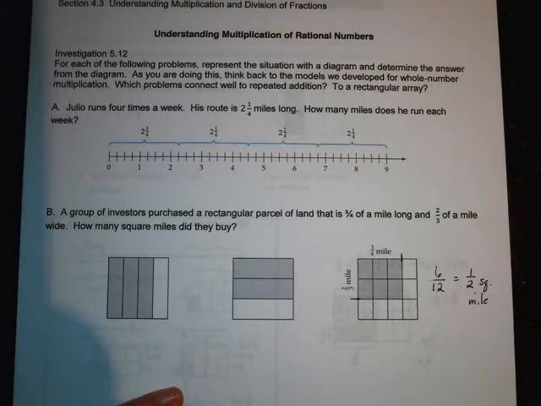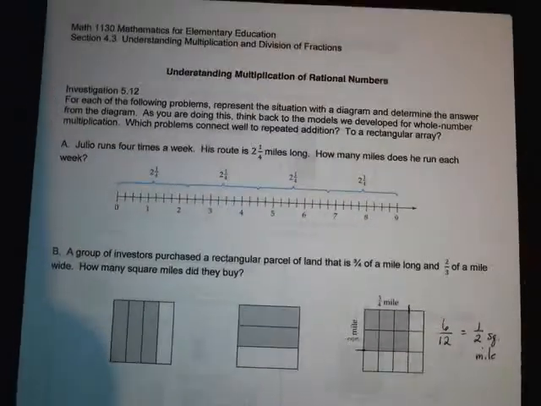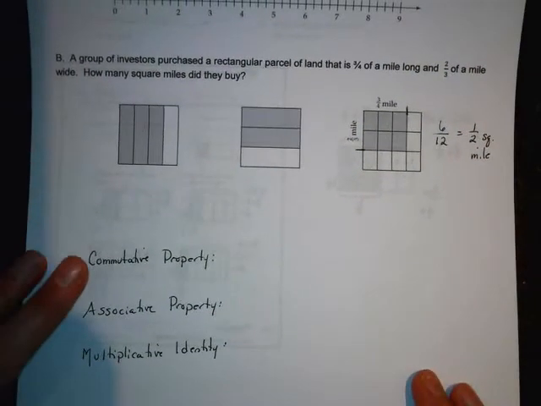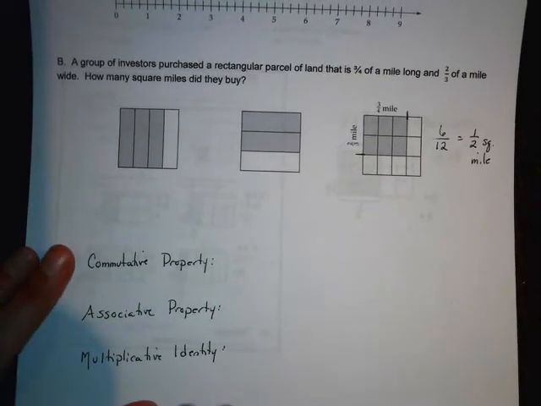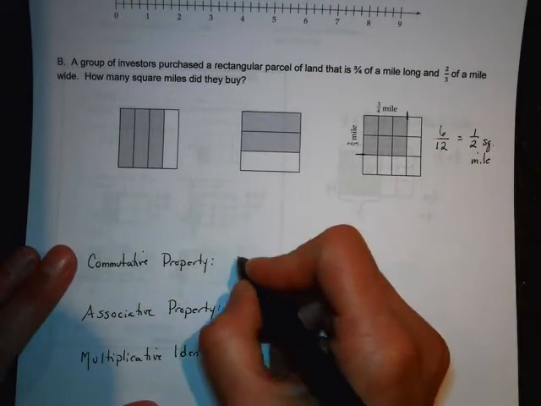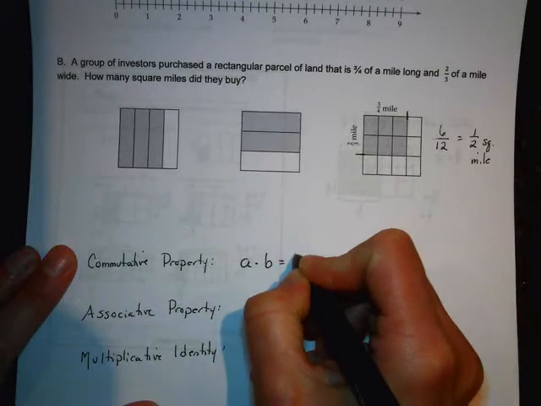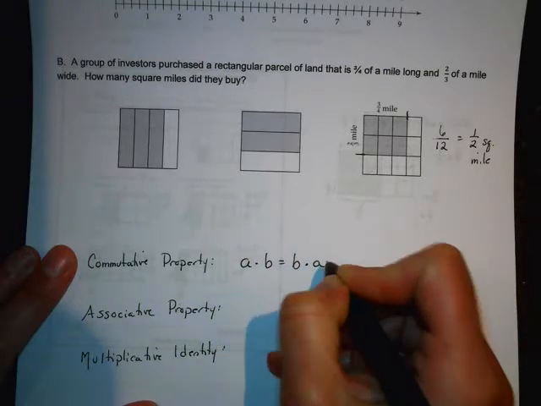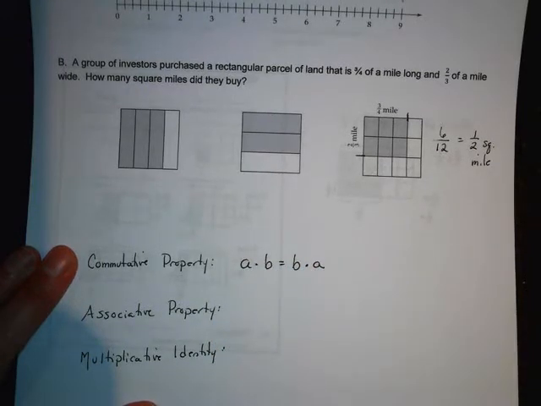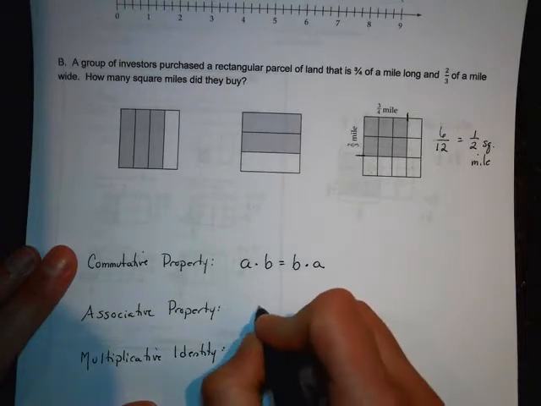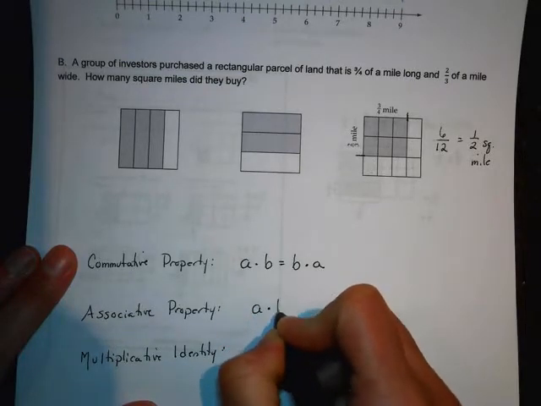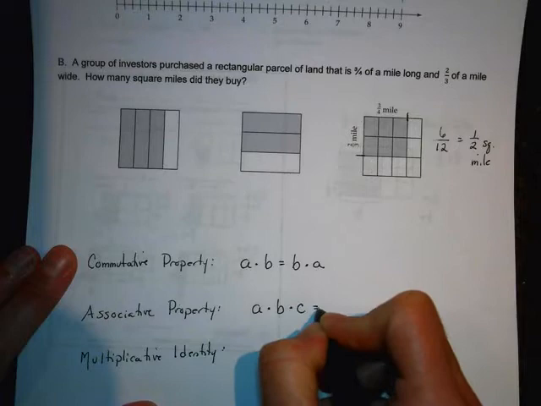Let me just remind you quickly about the commutative, associative, and multiplicative identity properties for multiplication. Commutative means the order does not matter: 3 times 5 is the same as 5 times 3. Associative property says if you have more than one factor, it doesn't matter where you start to multiply.